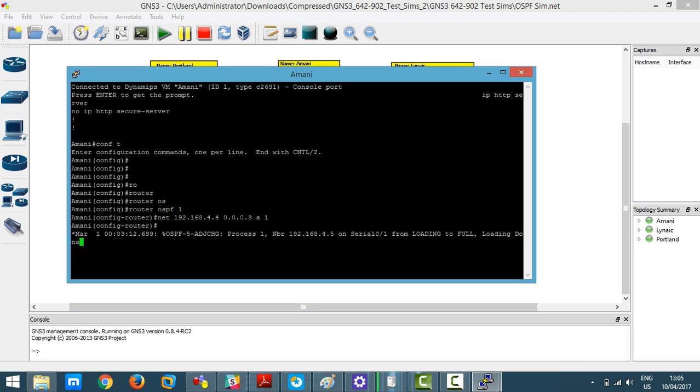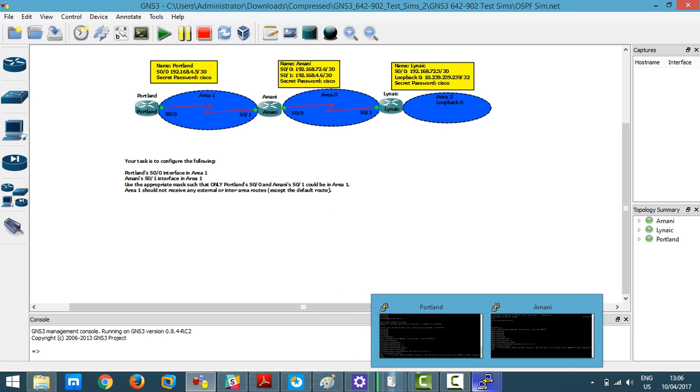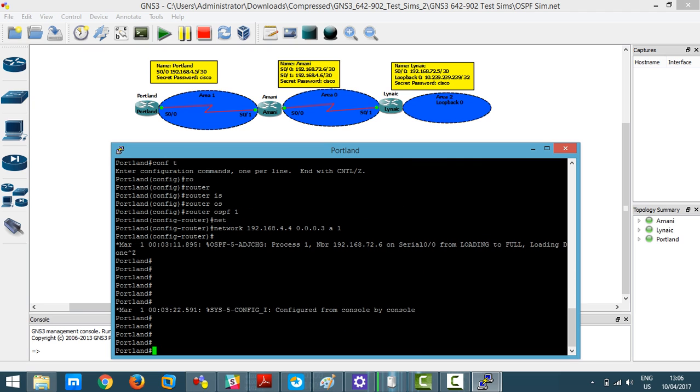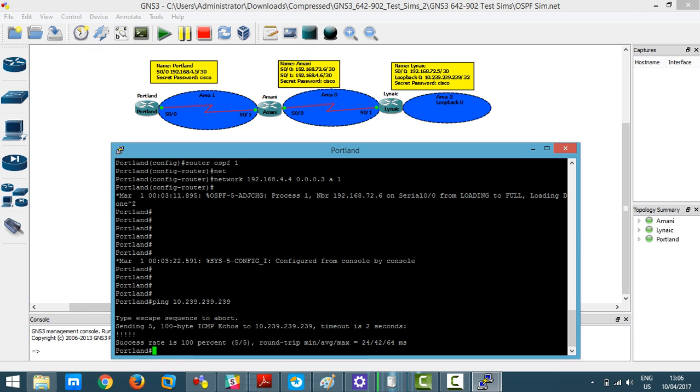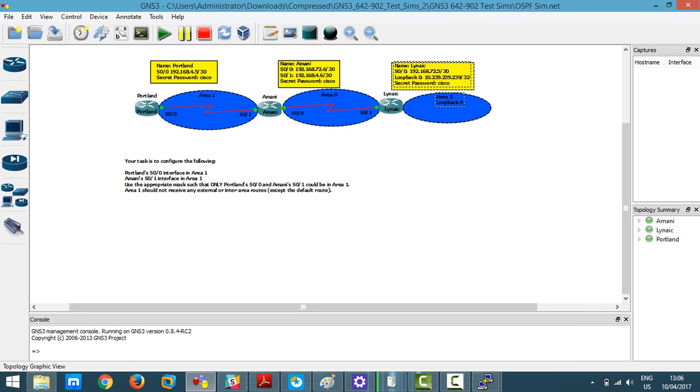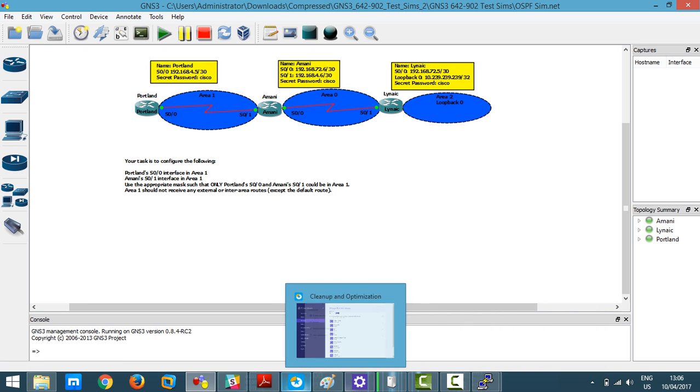Bang, you can see that the OSPF is up, and you will be able to ping the loopback address right now. What I'm going to do is ping 10.239.239.239, and you can see that it's clearly working. The loopback address is shown here in this design, the Linux router. Okay, that was the very first task.